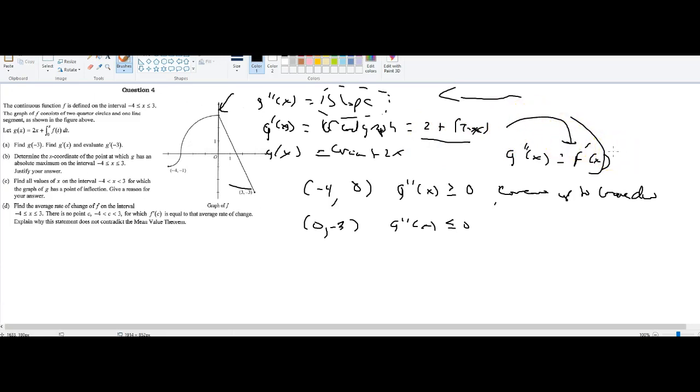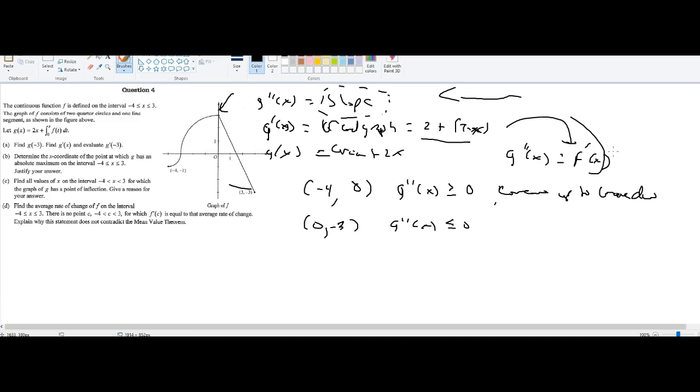All right, so the average slope, average rate of change of f on the interval from -4 to 3. Now notice I dropped g altogether, because thank goodness, g is getting my head to melt. Let's back up. Let's read the problem. It says the average rate of change of f on the interval from -4 to 3. Find it.